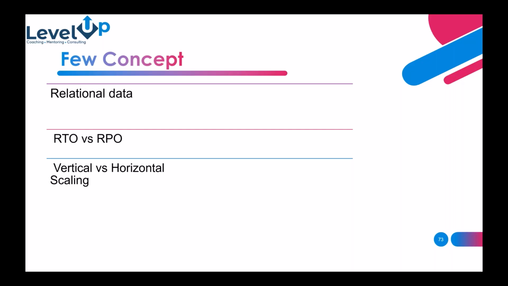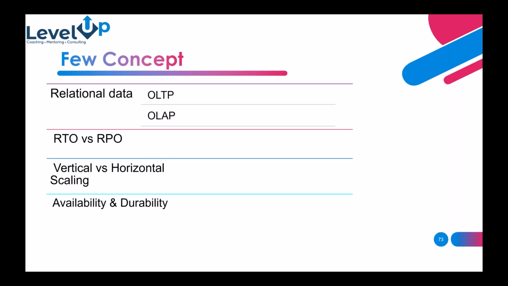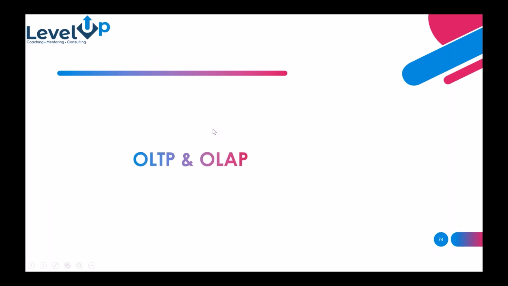So this is the actual difference. Cloud SQL only supports vertical scaling. Cloud Spanner supports horizontal scaling as well. So for us to understand those things, just a brief introduction about vertical scaling and horizontal scaling, and we'll understand what is availability and durability. We'll understand in relational data what is OLTP, what is OLAP.